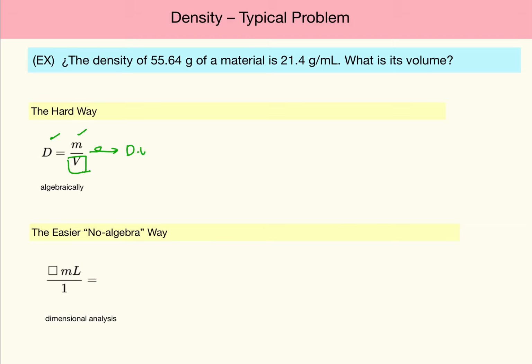We have D times V equals M, but wait, we need to do a little more algebra and know that V equals M divided by D. And now we substitute in the mass is 55.64 grams and the density is 21.4 grams per milliliter. And when we work all of that out, we get 2.60 milliliters as the volume.